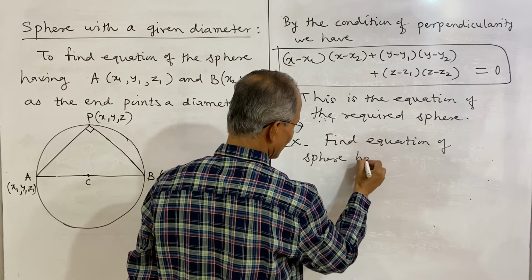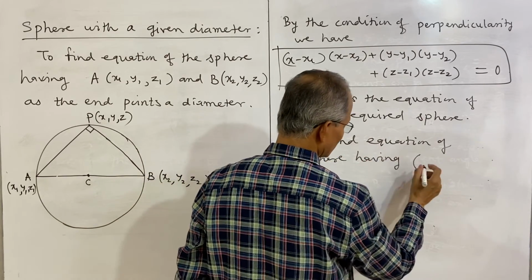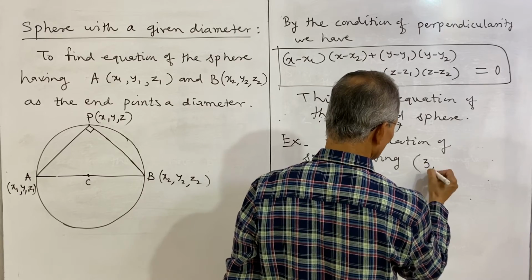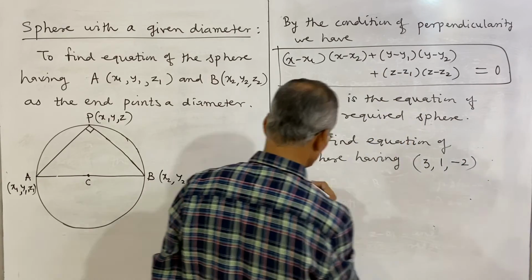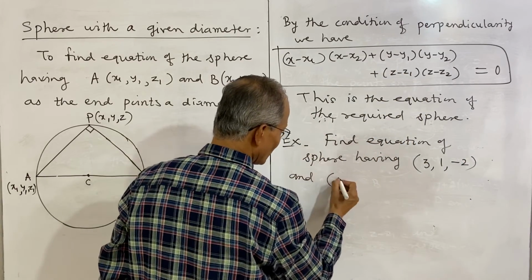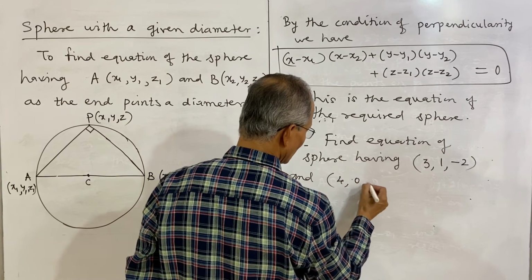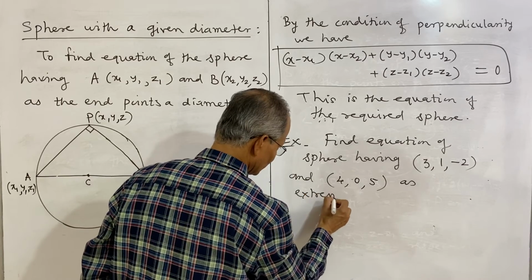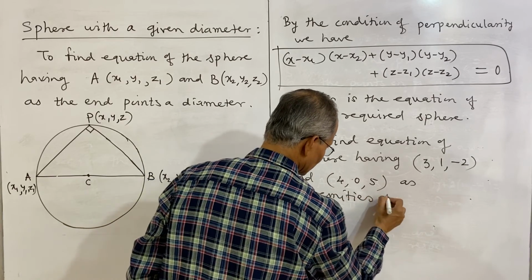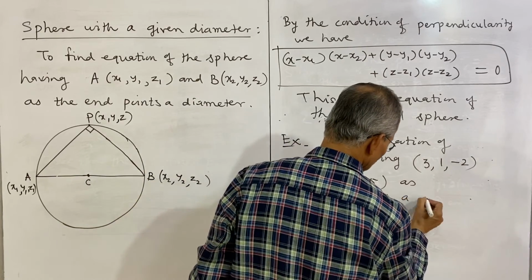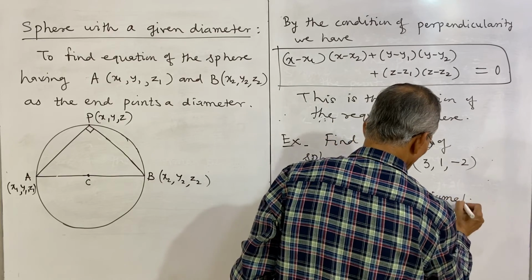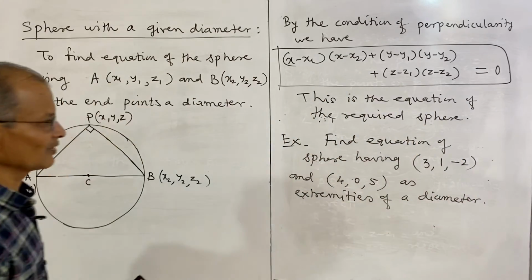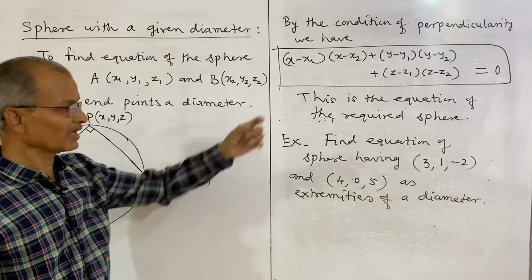Consider the sphere having the points 3, 1, minus 2 and 4, 0, 5 as extremities of diameter. It is direct, so by this equation we can write it.